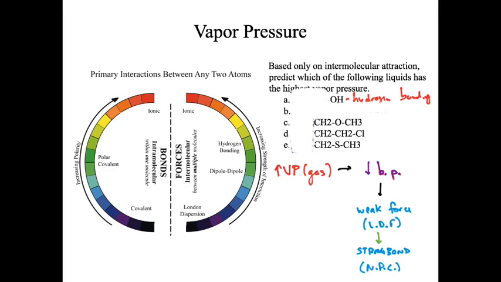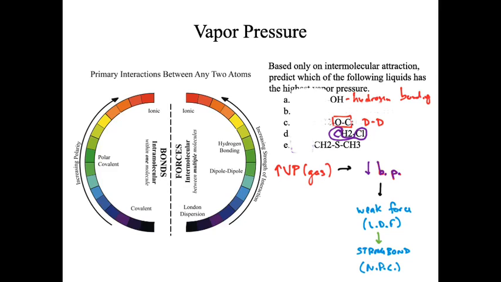When we look at C, what do we see? That oxygen to carbon, which is a polar covalent bond, which leads to a dipole-dipole force. D. This one gets a bit harder to tie, but you're tying the carbon to the chlorine.